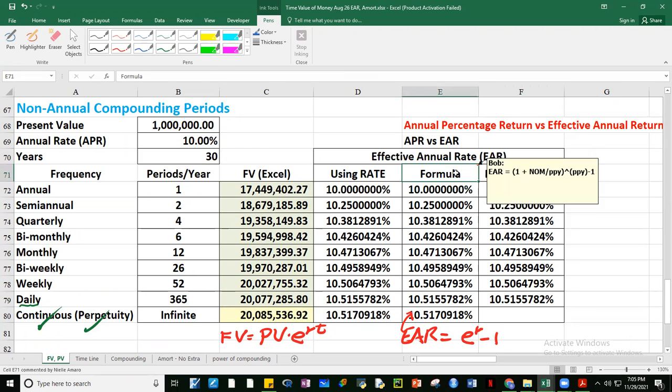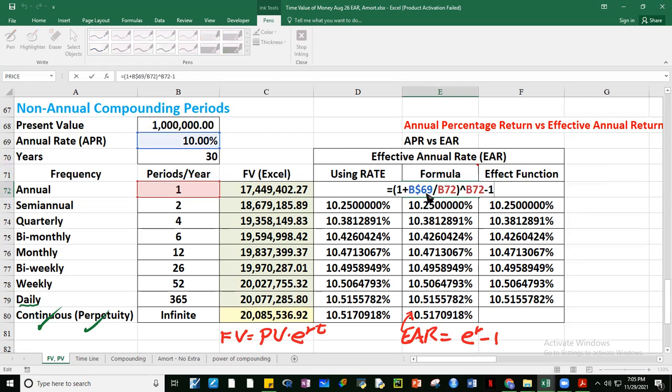Or the formula. So my formula guys, okay, ito yung formula, no? Effective annual return is equal to 1 plus the nominal rate over the periods per year raised to the periods per year minus 1. So that's the formula for the effective annual return. So 1 plus the nominal rate divided by the PPY, this is the periods per year, raised to the PPY minus 1. Okay, so if we use this formula, you see that we have the same answer.